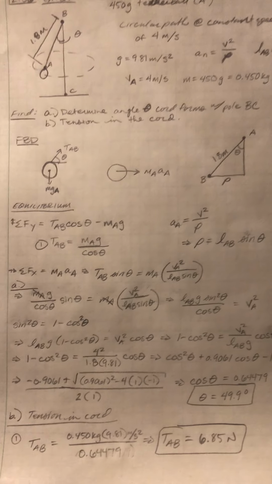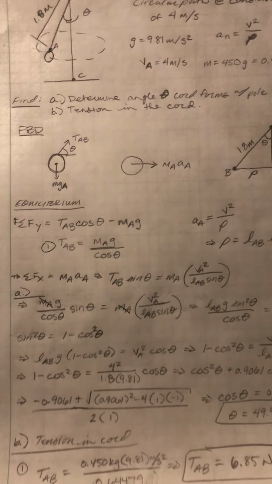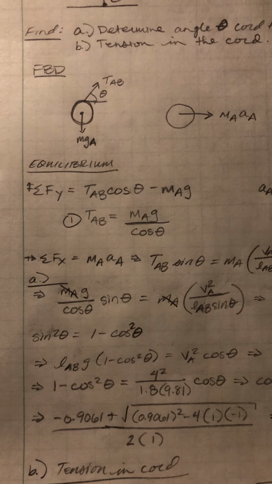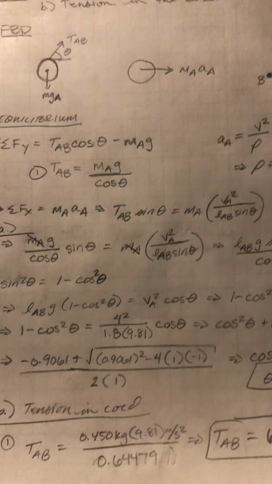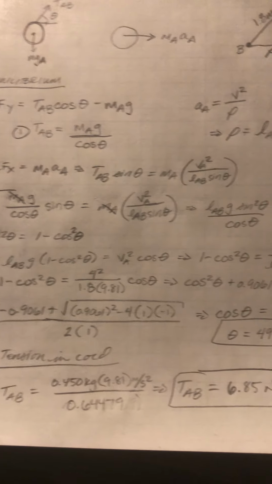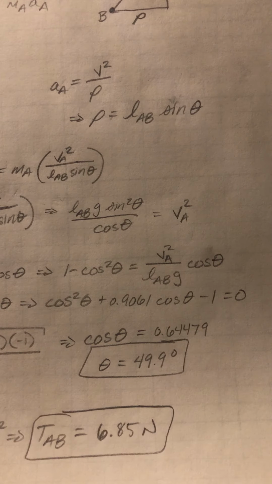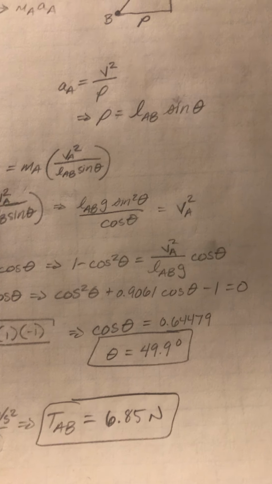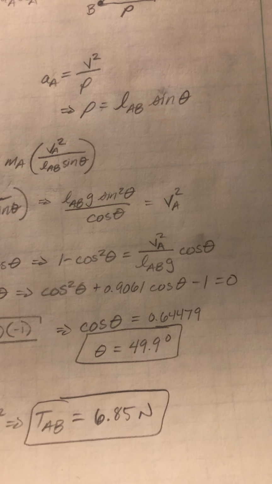and using that, we're able to plug that into the summation of the forces in the x direction equation. Plugging that in and running that through algebraically, we end up with a quadratic equation of cosine squared theta plus 0.9061 cosine theta minus 1.